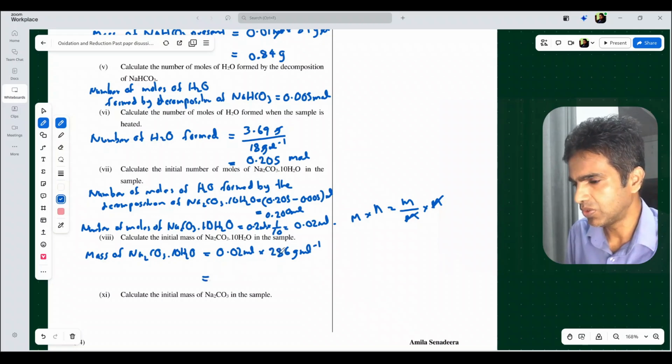So 0.02 times 286, 5.72. How many decimal places? 2. Moles times grams per mole, the answer is in grams.